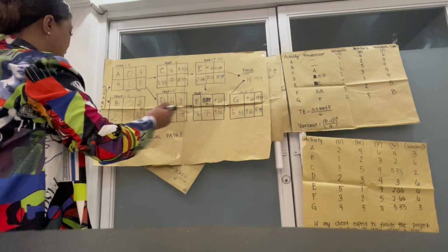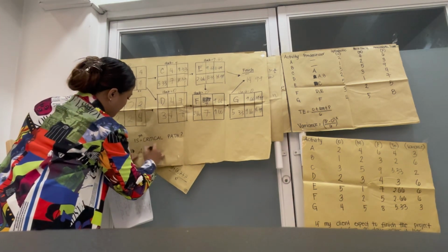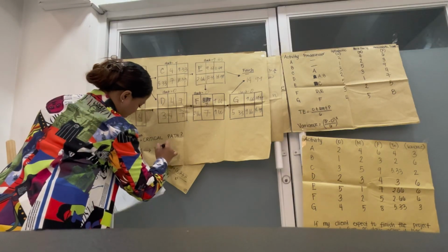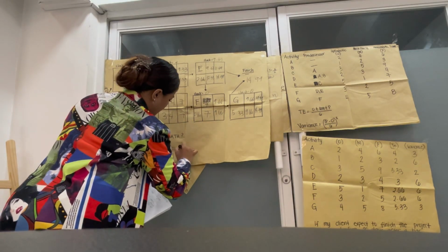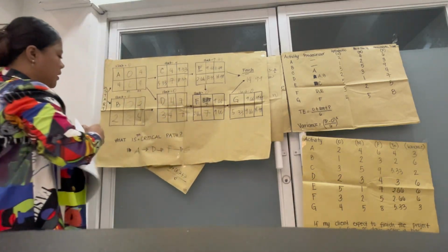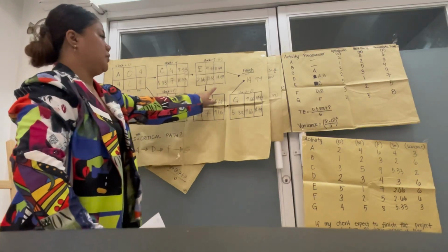So the critical path is A, D, F, G, since all of them have slack 0.